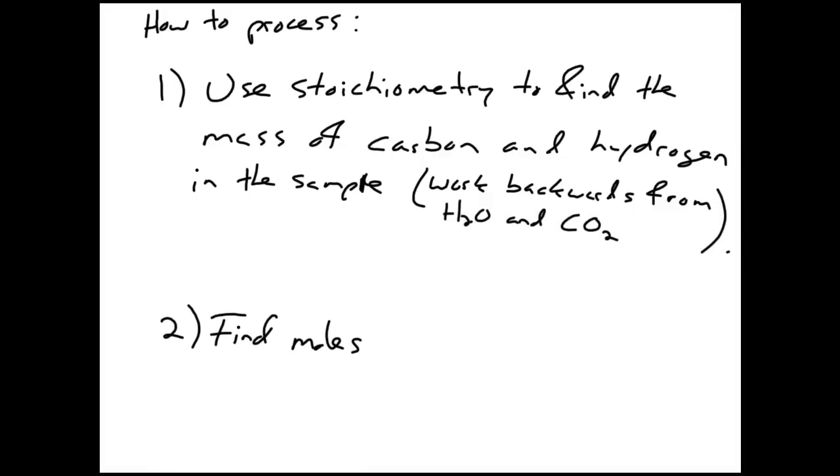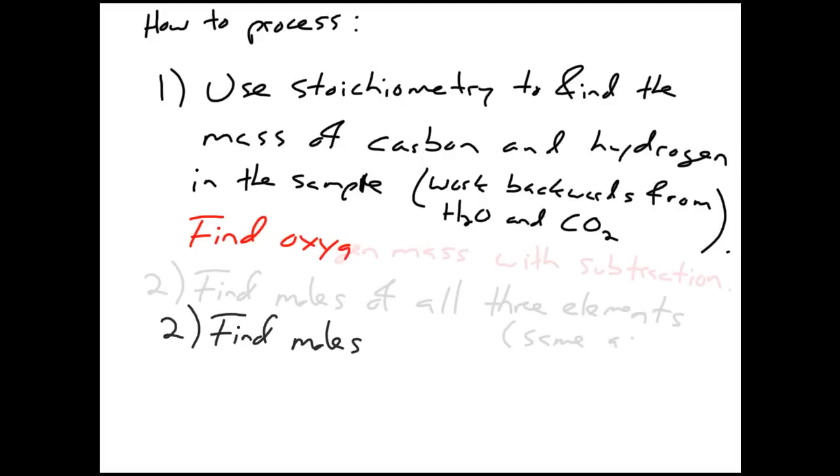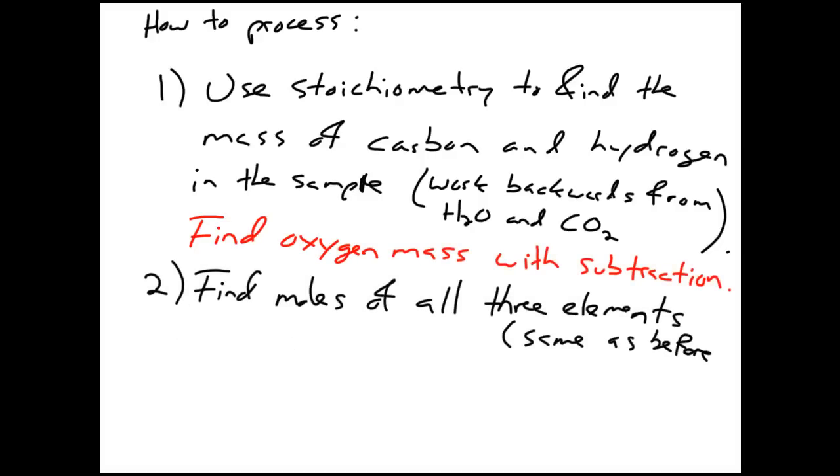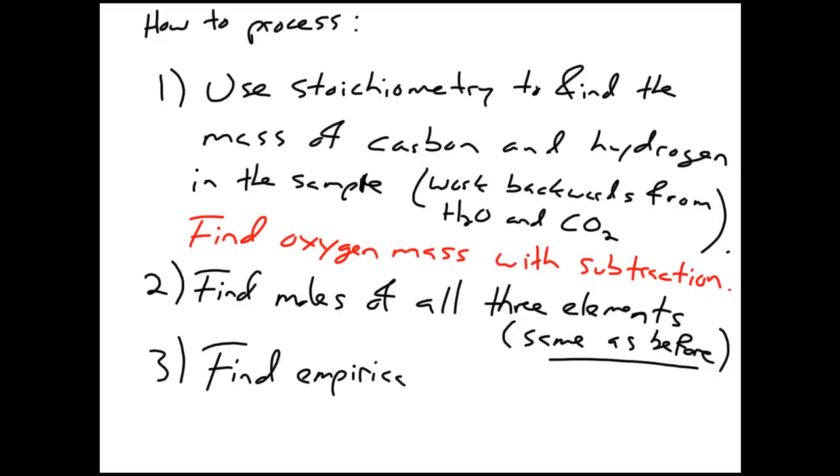We're still going to need to find the oxygen mass that was added. But we can do that easy enough because we know the original mass of the original unknown compound. And now we know the mass of carbon and hydrogen. Everything else must have been from oxygen. Then we can find moles of all 3 elements. And once we've got the moles, we just find the empirical formula using the same procedure that we have in previous problems.